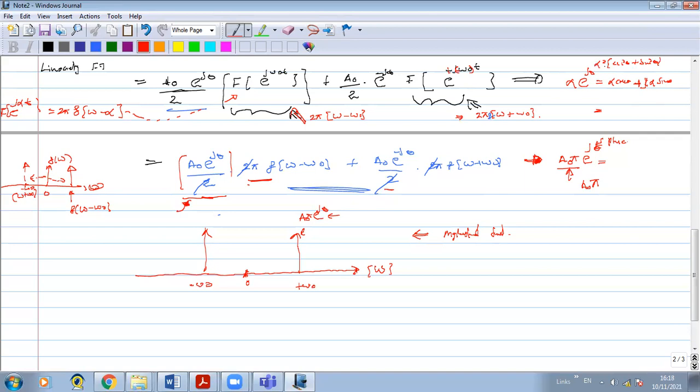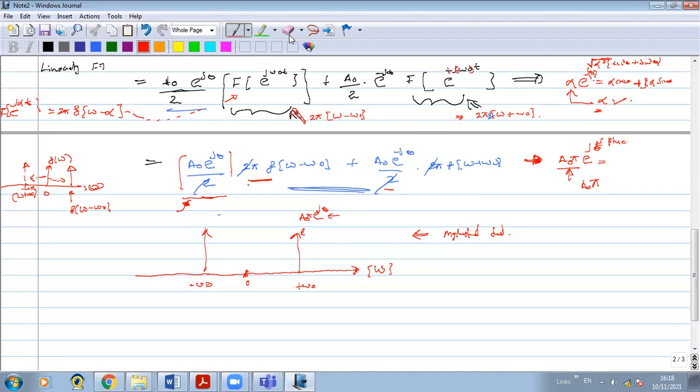Then you take the square root, and you have alpha. So the magnitude is simply alpha, and the phase is simply theta.